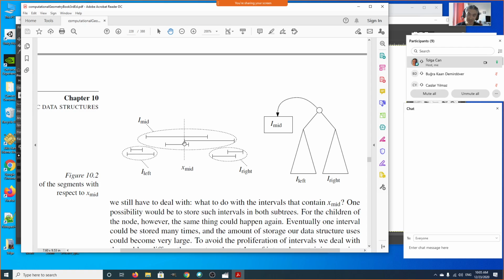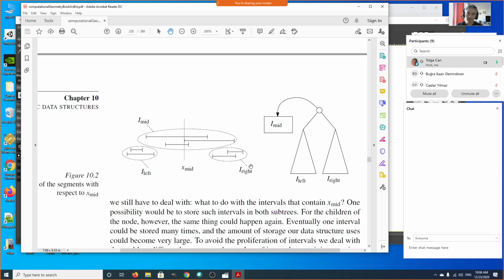There may be a segment that starts at x mid, and we are going to put those intervals into a set which we call I mid. The segments that appear in I mid will never appear in the left or right subtrees. This is where they are stored, and that ends it for them. So they don't go all the way to the leaf nodes.